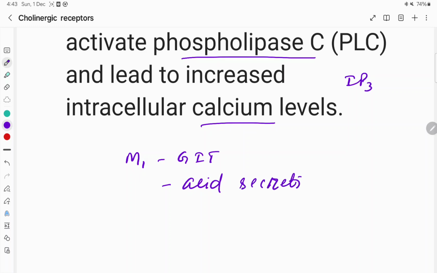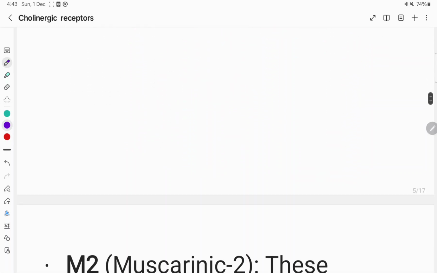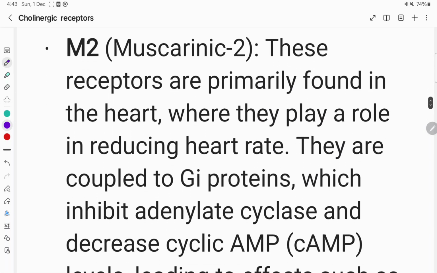So M1 antagonists like pirenzepine and telenzepine we can use in the treatment of ulcer.